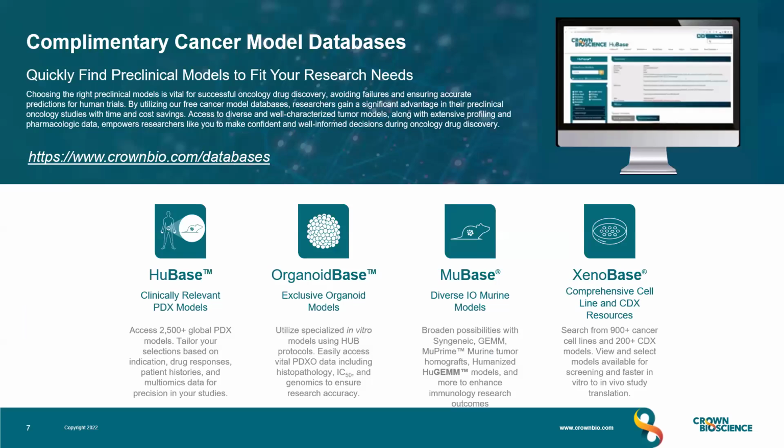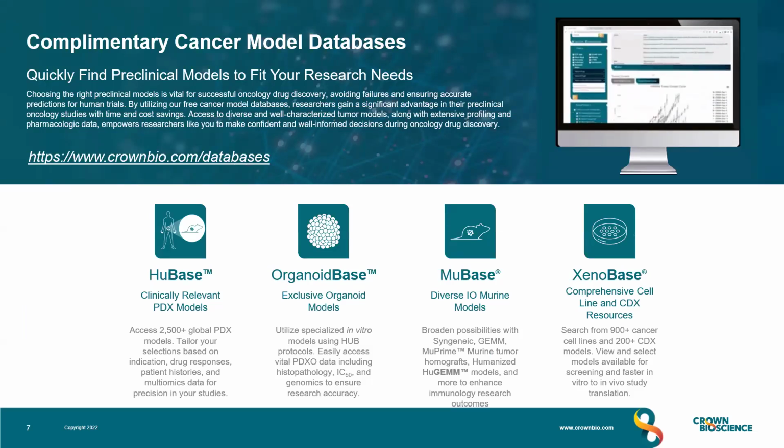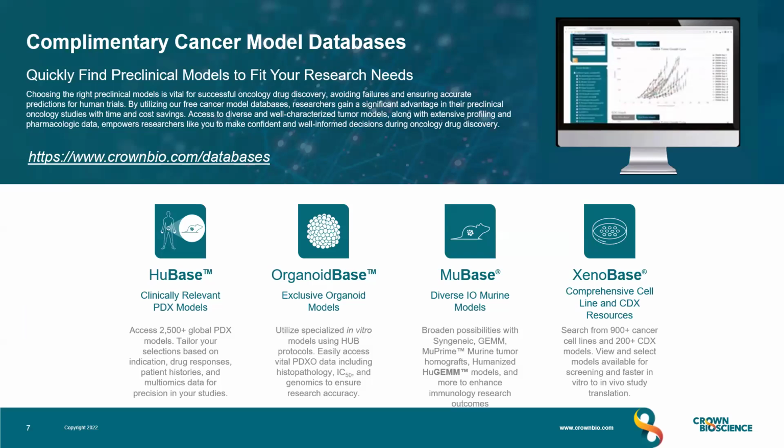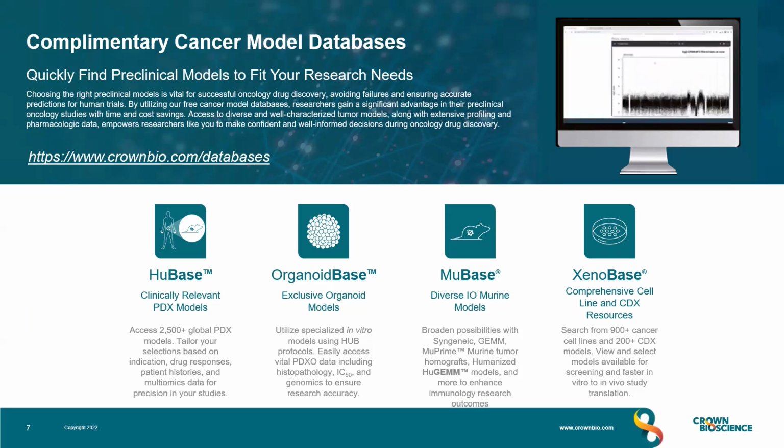And some of you may already be familiar with our complementary online model databases. If not, you can register for access through the website. This is usually a very good starting point to help find suitable models. And there are 4 different databases, and I will be referring to Hubase, which has over 2,400 PDXs, and Organoid Base, which has over 600 organoids.